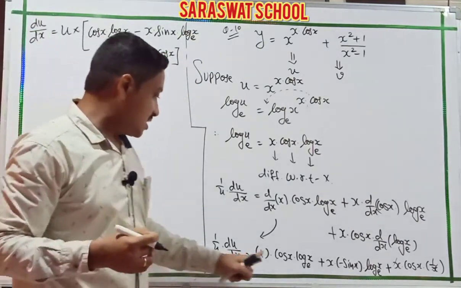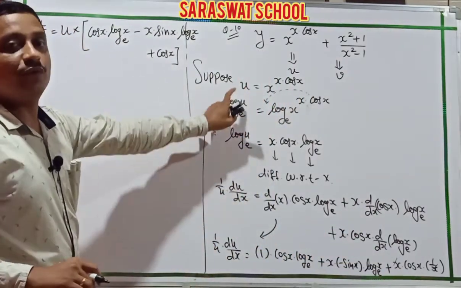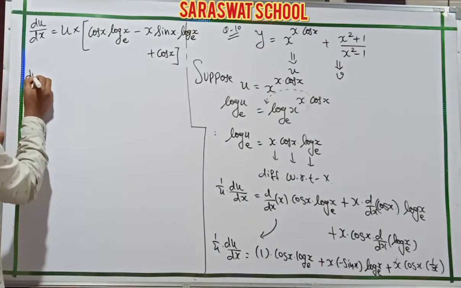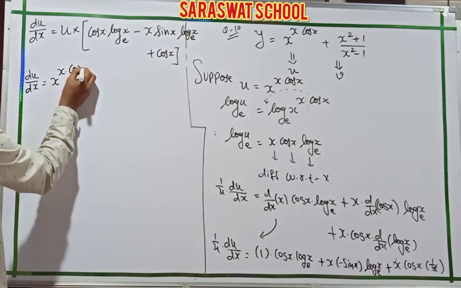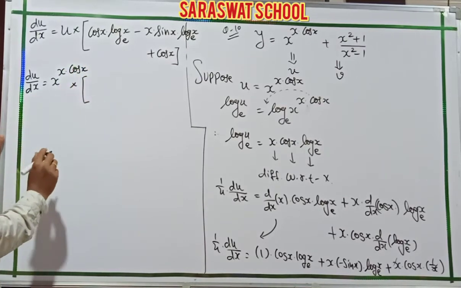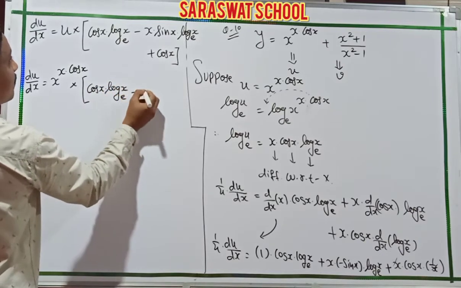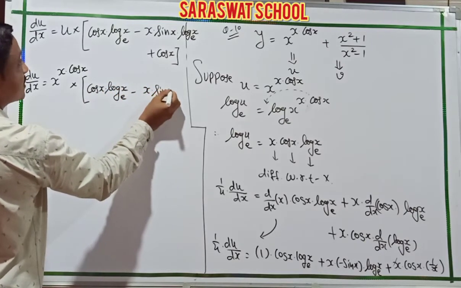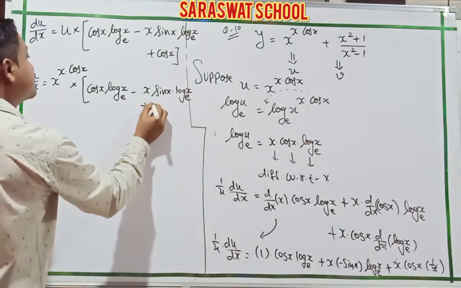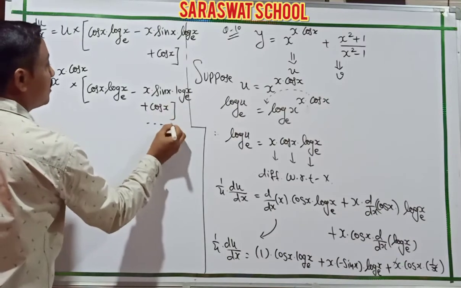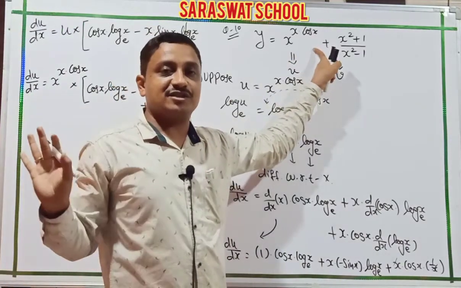Finally, students, this and this are the same. Now I put in the value of u. What is u? So du/dx: my value is x raised to x into cos x, and the other is as it is. So cos x into log x base e, minus x into sin x into log x base e, and plus cos x. Students, here we have done our first equation and only the first case is finished.